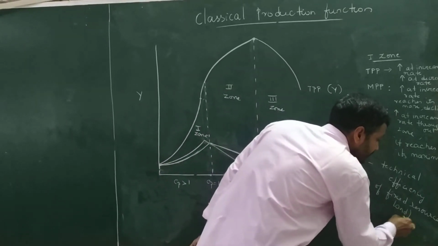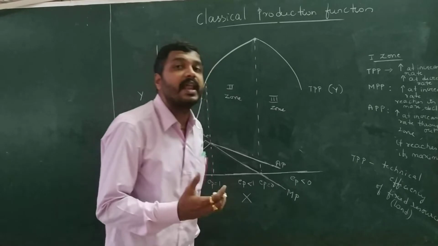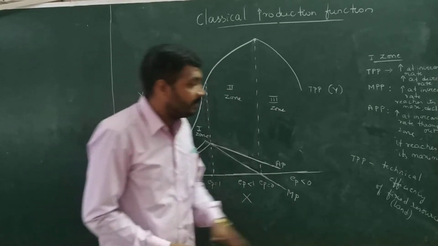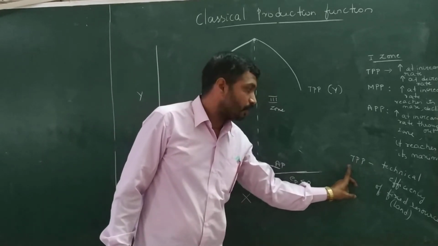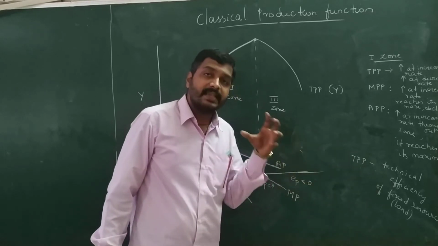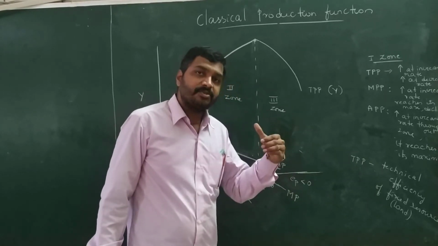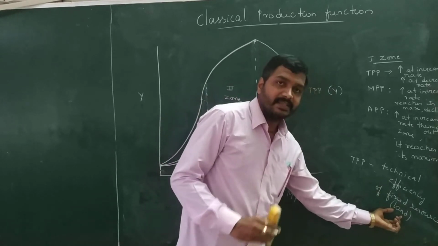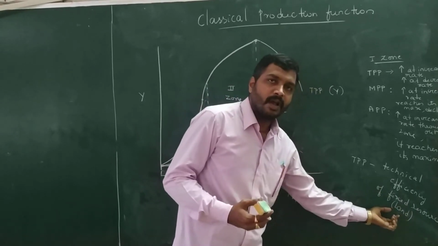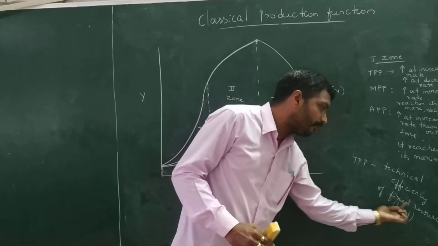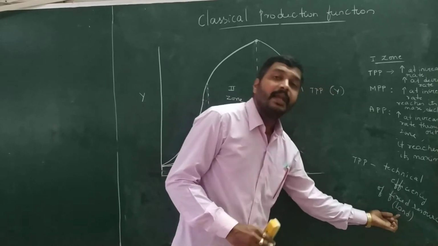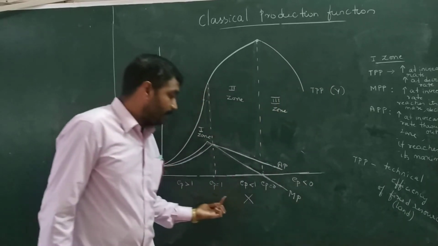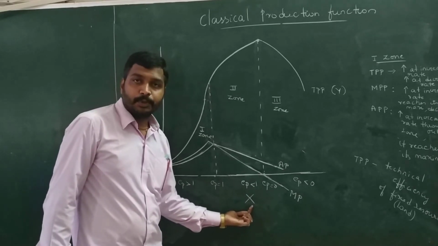Whether the farmer is efficiently utilizing that land or not will be indicated by the very nature of this TPP. If it is exhibiting an increasing trend, it means there is still a lot of potential that land has which can be tapped. How best can the potential of a fixed resource be tapped? It can be tapped through application of variable input.